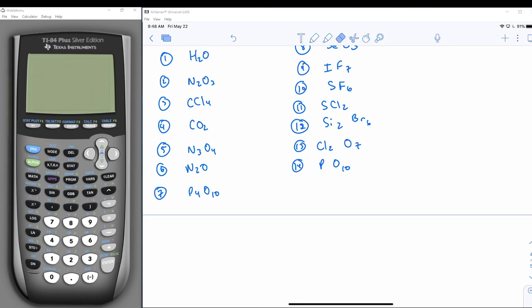I saw that. P5, pentaphosphorus decoxide.